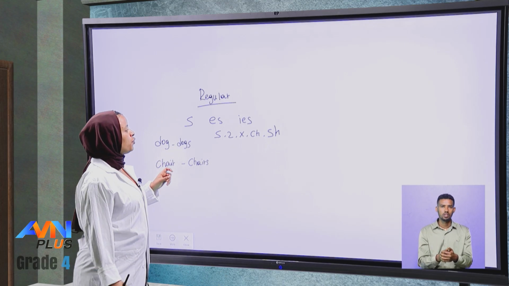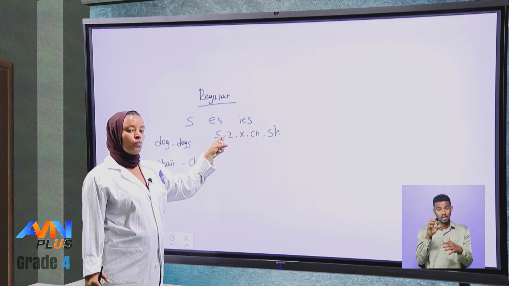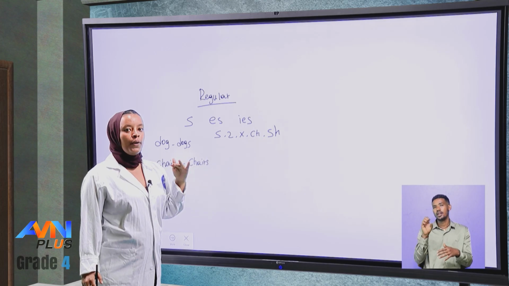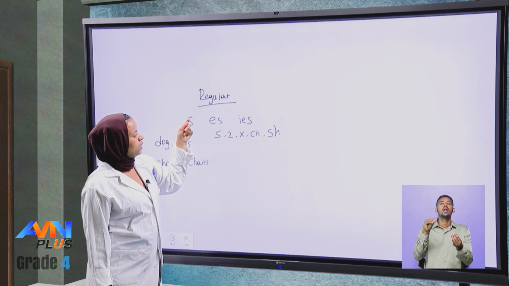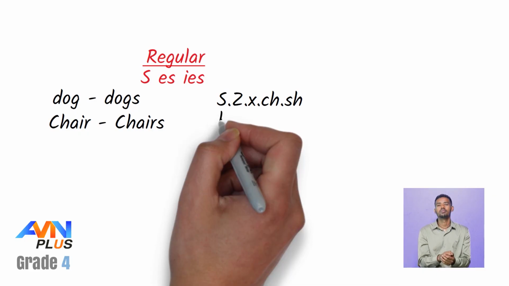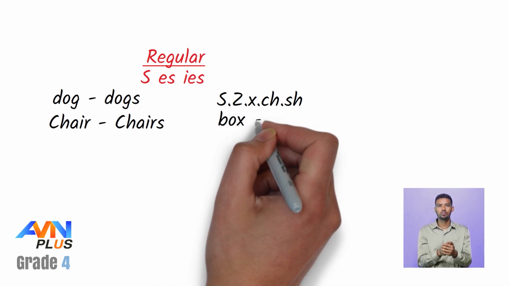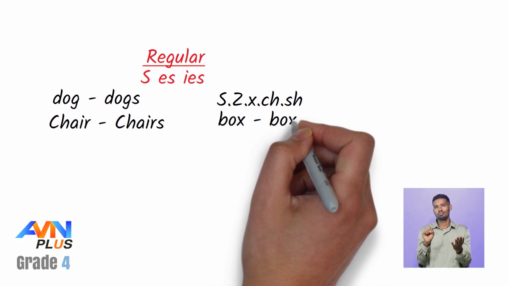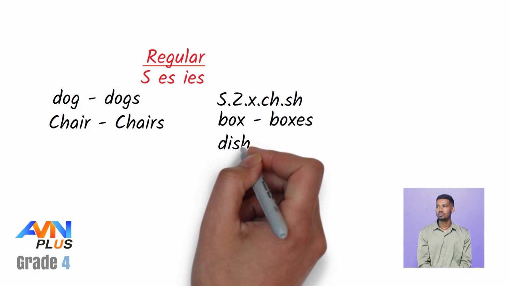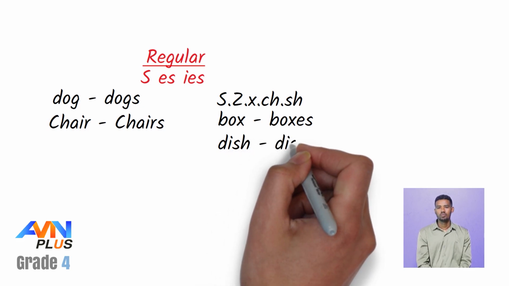When some nouns end with s, z, x, ch and sh, we add what? ES. For example, box, boxes, dish, dishes.